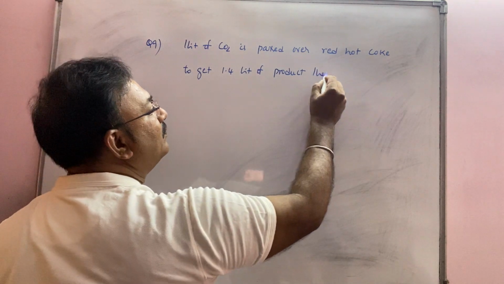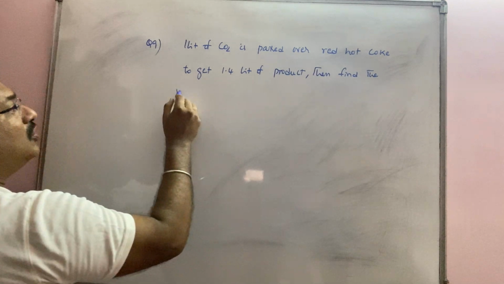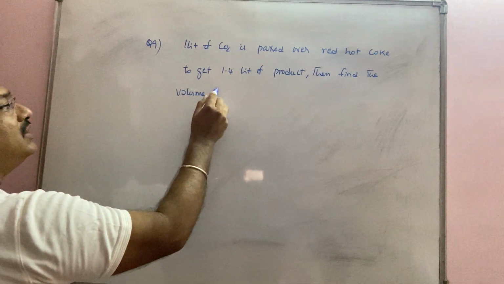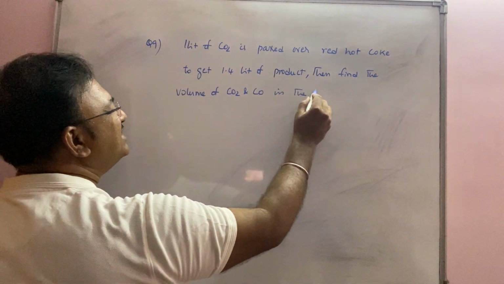Then find the volume of CO2 and CO in the products.